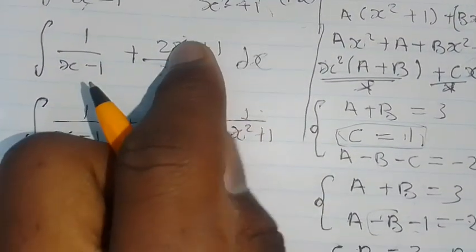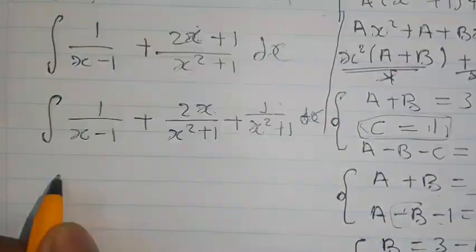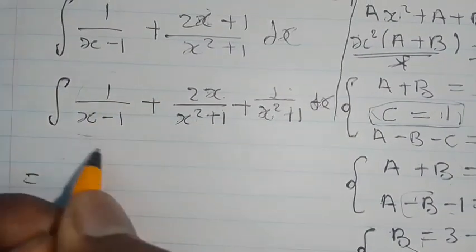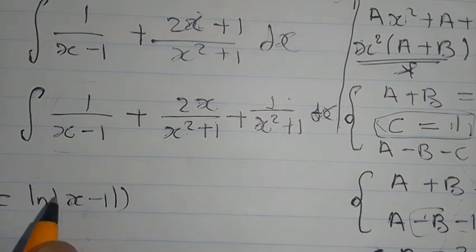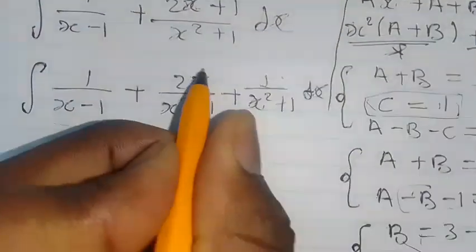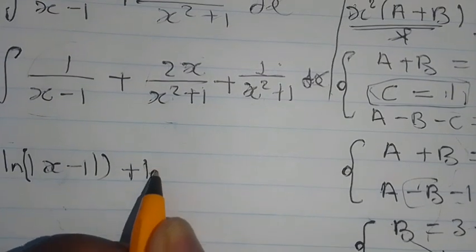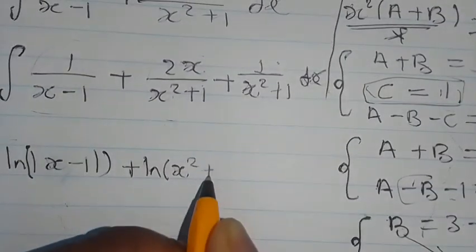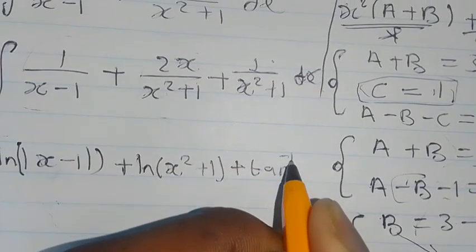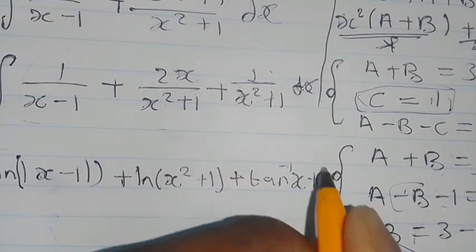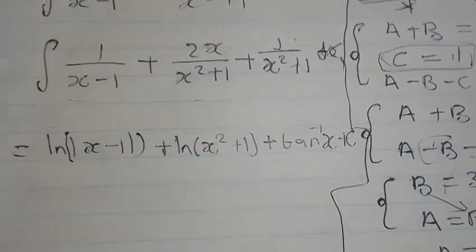If you add the two, you'll end up here. So if you work out this integral, you have ln the absolute value of x minus 1. And if you work this integral out, you'll have ln x squared plus 1. And if you work this integral, you're going to have arctan x plus a constant c. So that will be the solution of that integral.